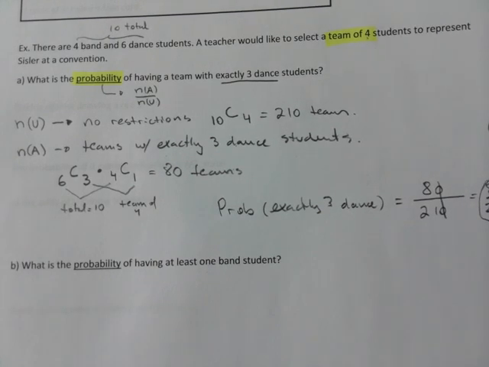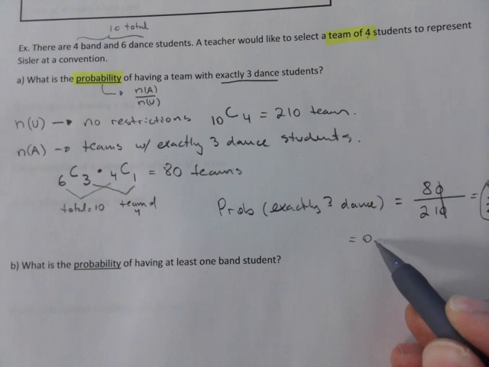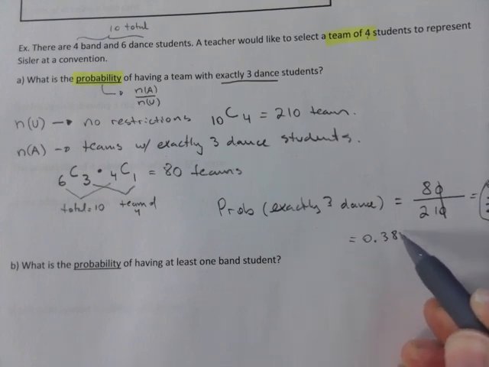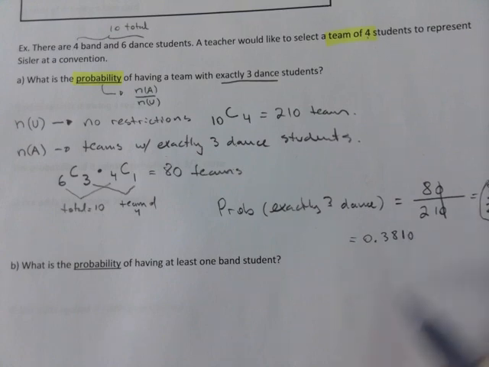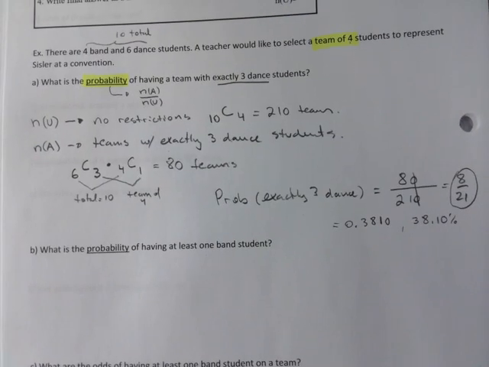That's it. Let's state that as a decimal. So as a decimal, this would be 0.38095. So that's a bit of a problem. So it's actually, it turns to this, which is 38.10% chance that will happen. Let me zoom out a bit. You can't see that, can you?